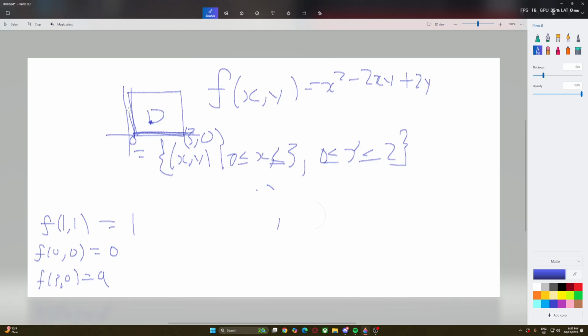Next, let's try going up. So f(0, y) would just equal 2y.